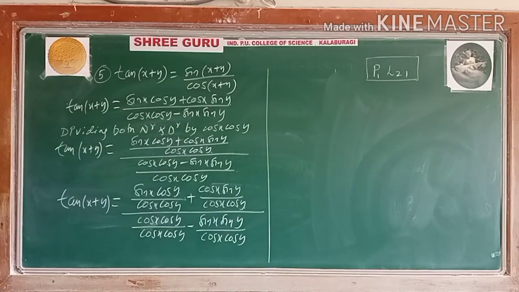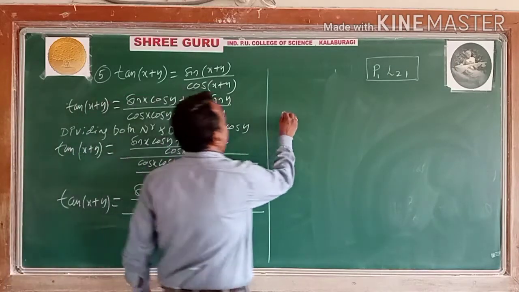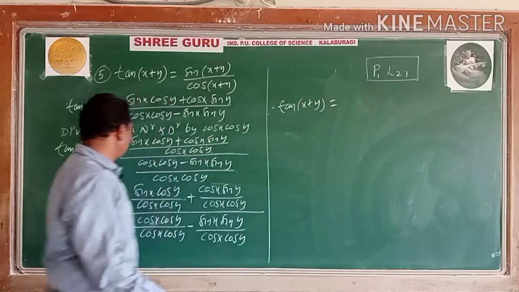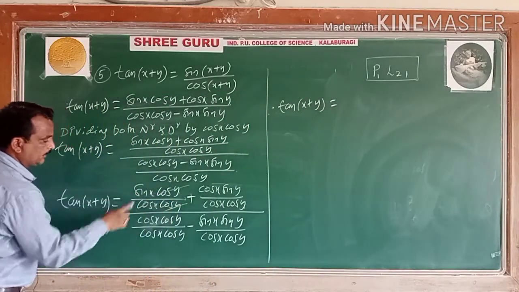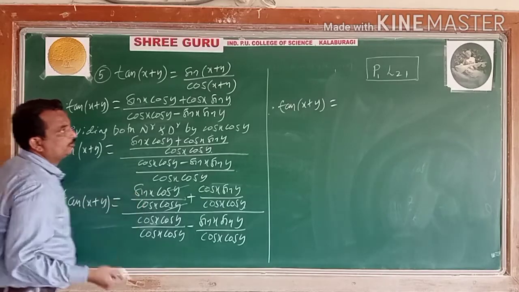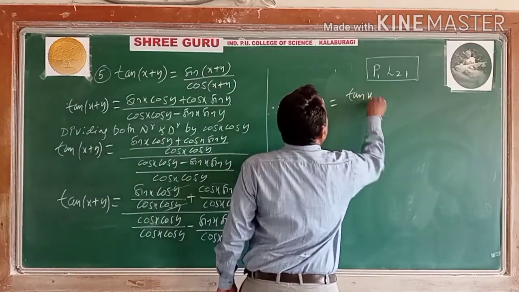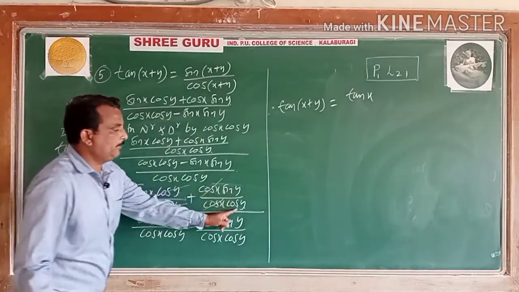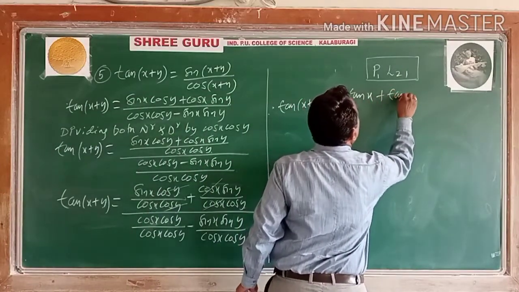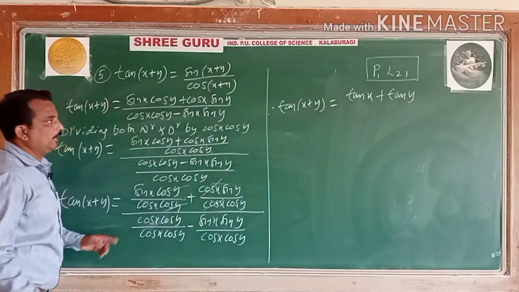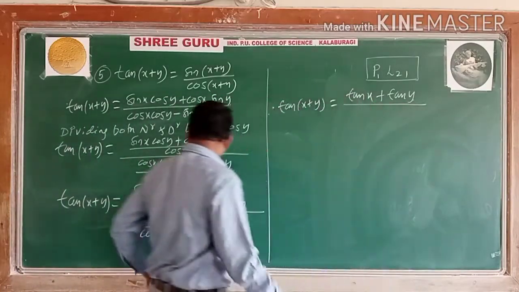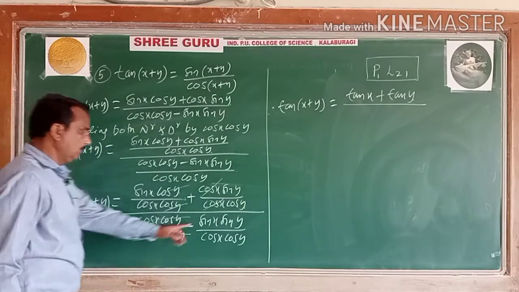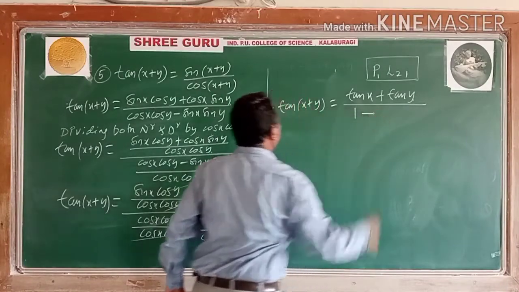Now let us simplify. In the first term the cos y gets cancelled, what remains? Sin x by cos x, which is tan x, since we have to prove it in terms of tan. In the second term the cos x gets cancelled, sin y by cos y, tan y. In the denominator cos x cos y gets cancelled, so 1 remains, minus.